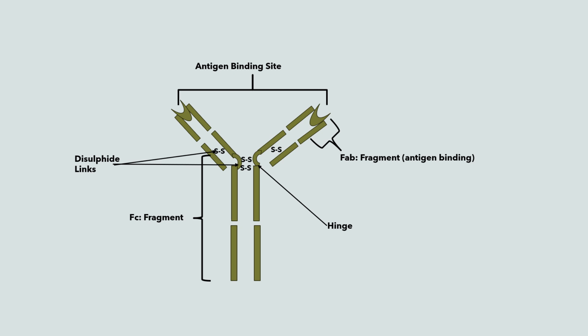We also have the hinge, which is also responsible with regards to activity and reactivity. What I mean by reactivity is that it's high in terms of its binding affinity. And the disulfide links, which can shift and cause breakage, and then you can get deformation of the antibody.